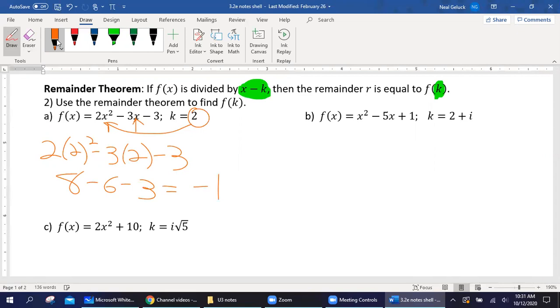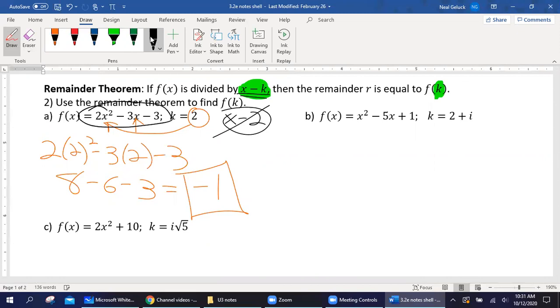So that tells me that if I did synthetic division, my remainder would have been negative 1, which would have told me that, be careful, if k is 2, x minus 2 is not a factor of 2x squared minus 3x minus 3.